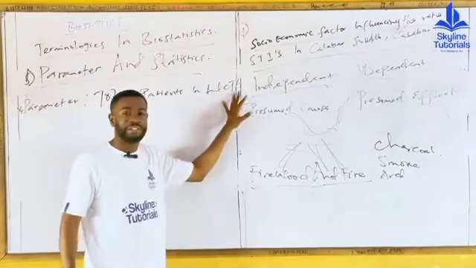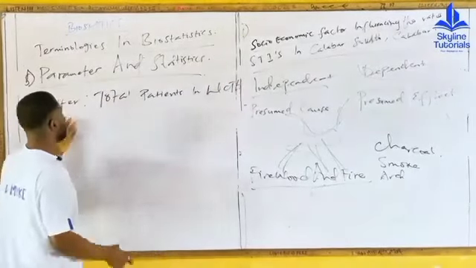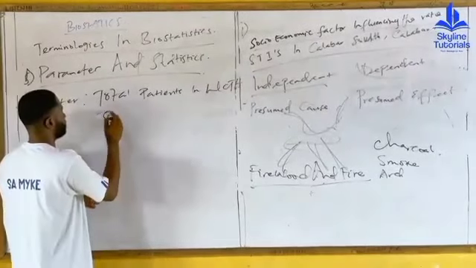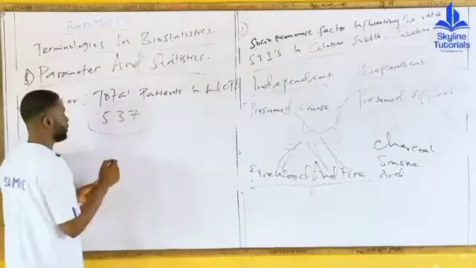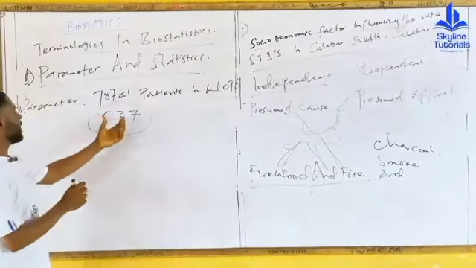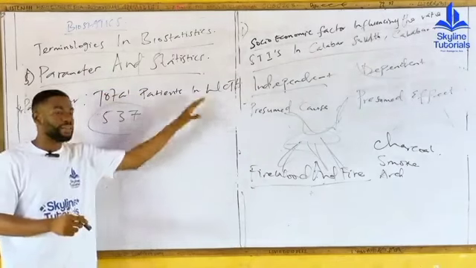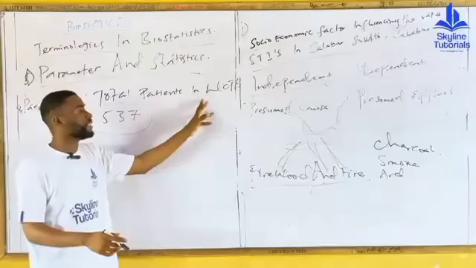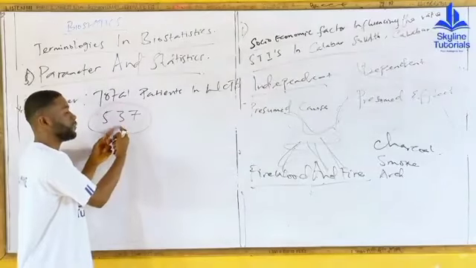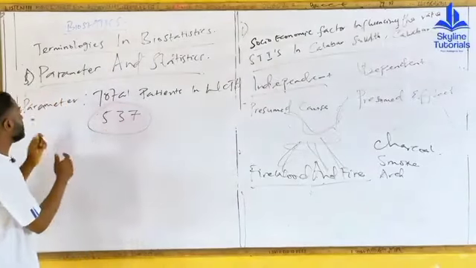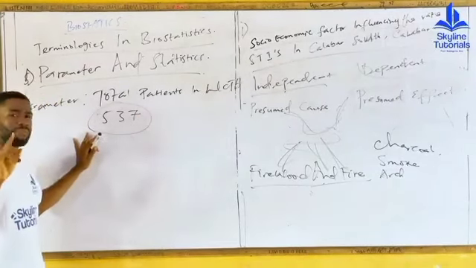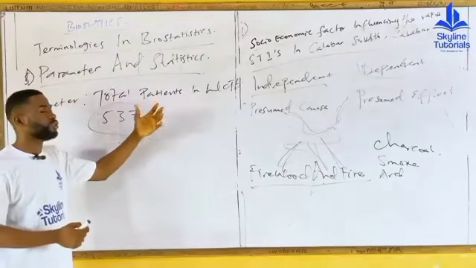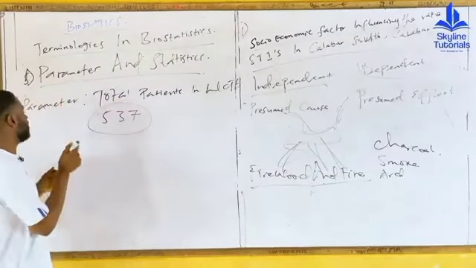That's a parameter. Let's say they are 537. That's the value, or that's the parameter here. Since my population is the total patients here and the value is 537, it is referred to as a parameter. Parameters are simply numerical. Numerical is numbers. So the number attributed to a population is the parameter.